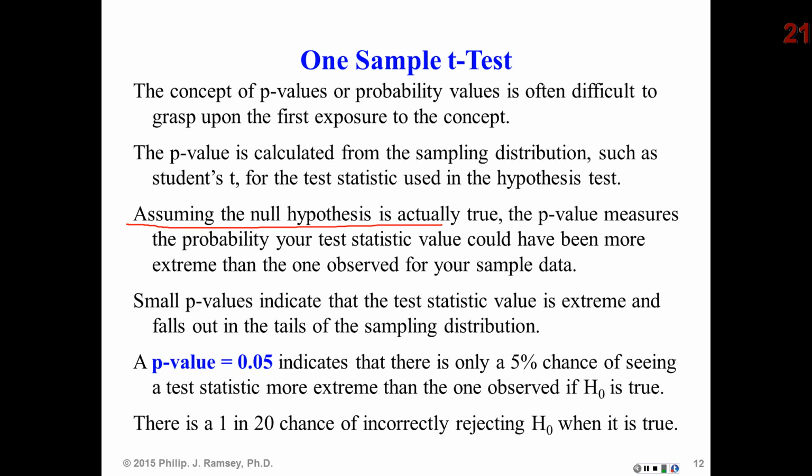In other words, if I were to look at a Student t curve, my test statistic fell well out in the tails. Now, the problem with that 0.05 is it's completely arbitrary, and its exact origins in the history of statistics are unknown. However, today it is commonly taught that if the p-value is under 0.05, reject.